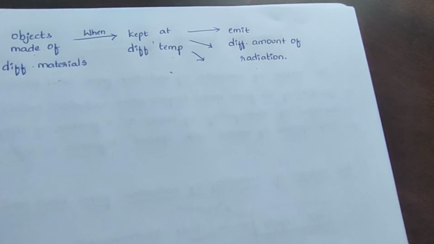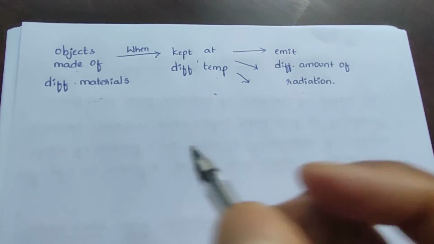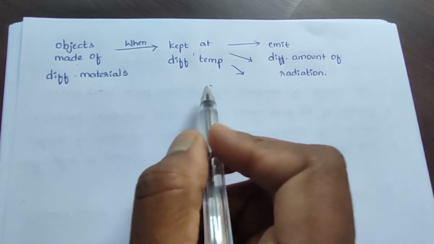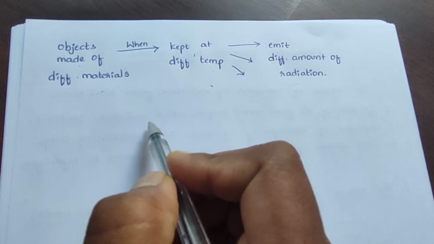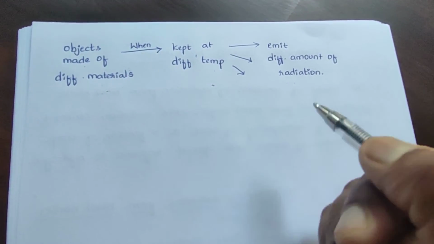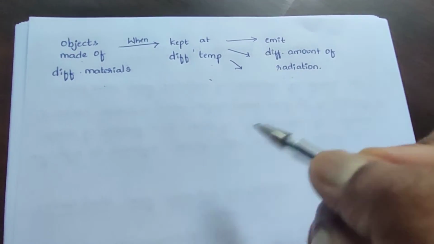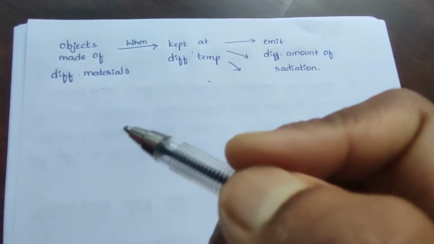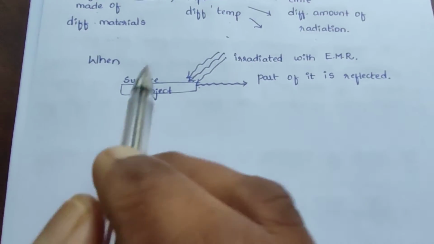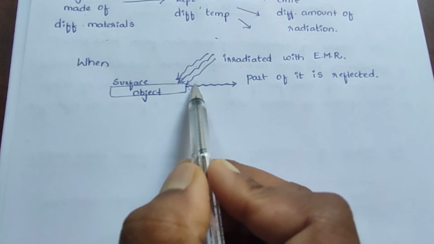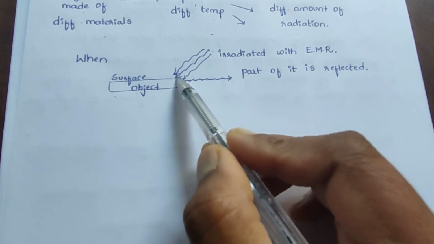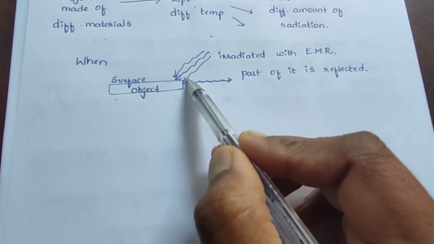And also, when the surface of an object is irradiated with electromagnetic radiation, part of it is reflected.